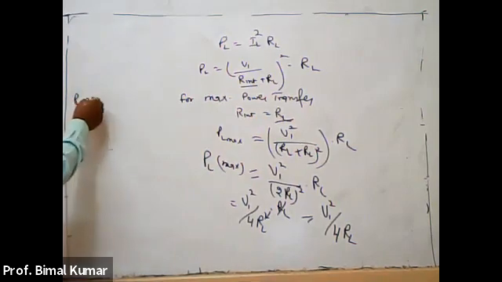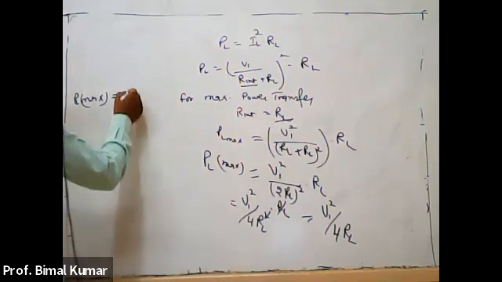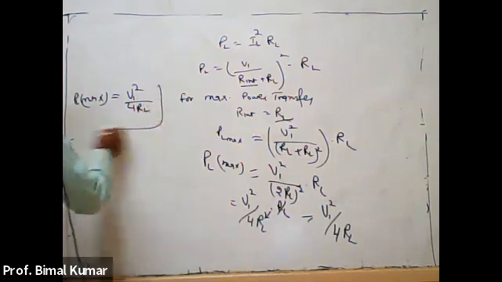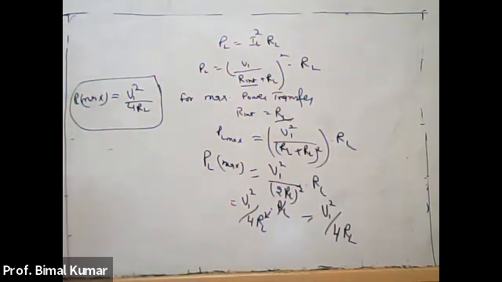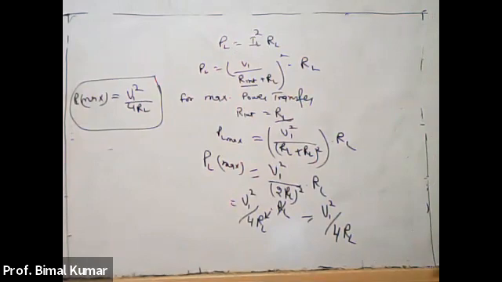PL maximum, the amount of maximum power that will be transferred across the load at the condition of maximum power transfer, will be V1 square divided by 4RL, right?